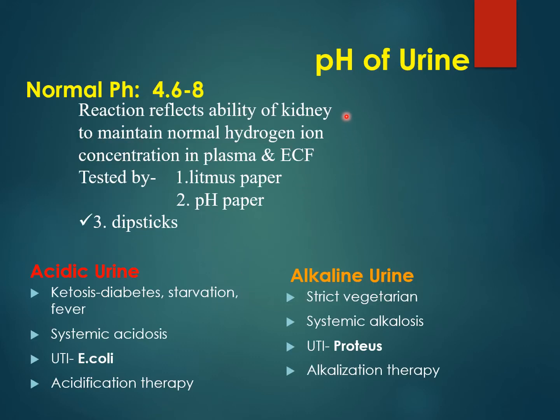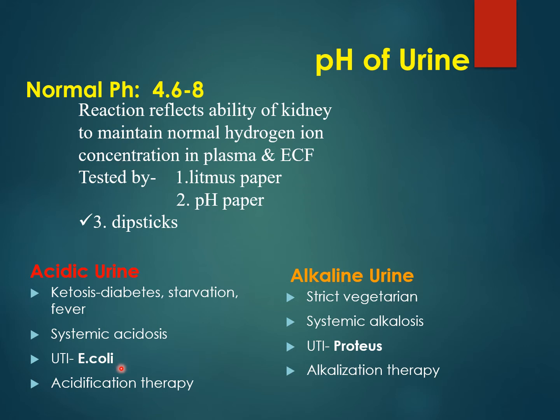Coming to the pH of the urine, which ranges between 4.6 and 8, the reaction could be acidic, as we know, in a ketoacidotic patient, on starvation, or in cases of fever and dehydration. In systemic acidosis, the urine could be more acidic. In infections with E. coli and some other gram-negative bacilli, it can do that.